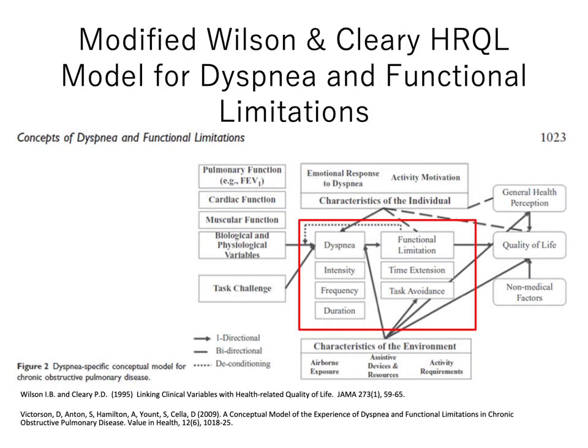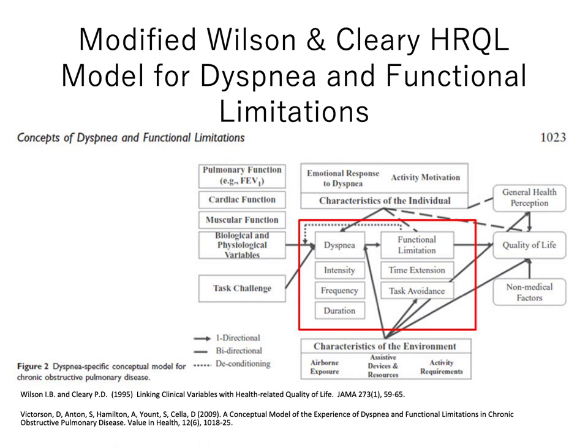I'm showing you now something that we published in the journal Value in Health, which is a modified version of Wilson and Cleary's quality of life conceptual model. And we have taken through our qualitative and mixed methods work in dyspnea, and we have modified it so that it can highlight some of the most important concepts that people with dyspnea experience.